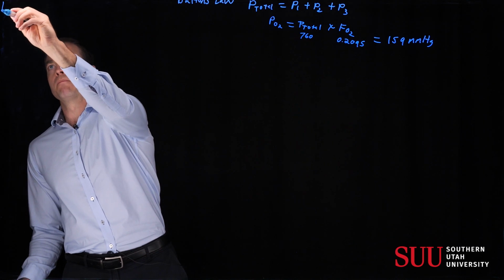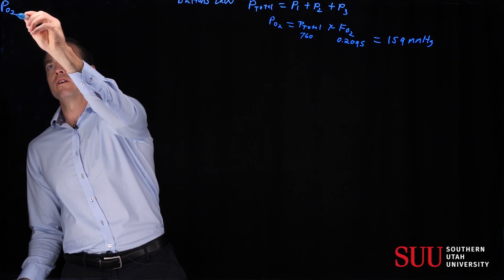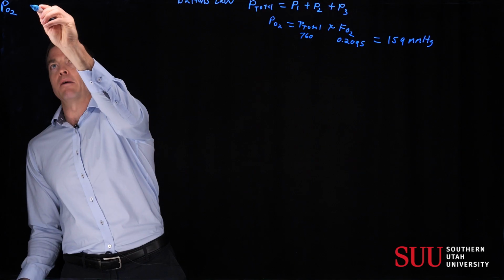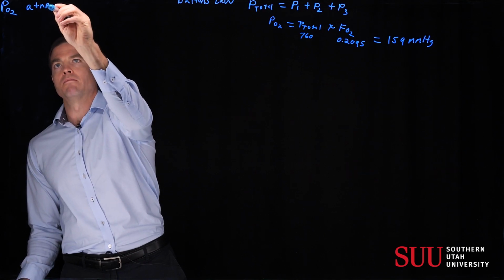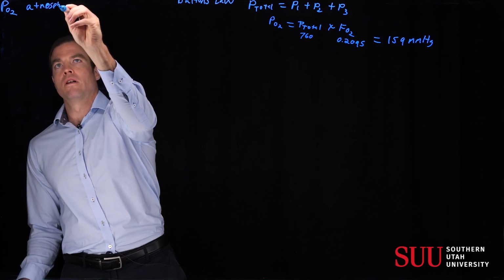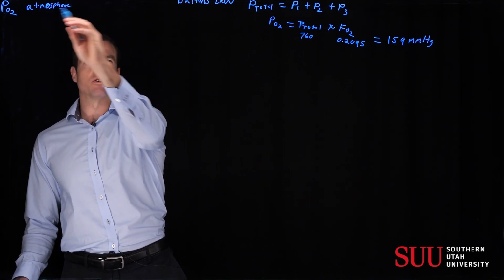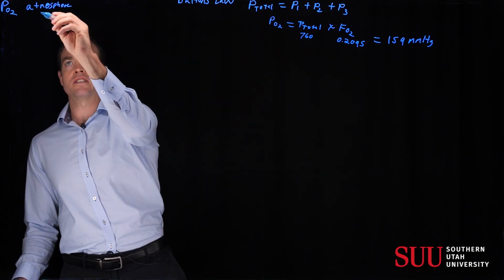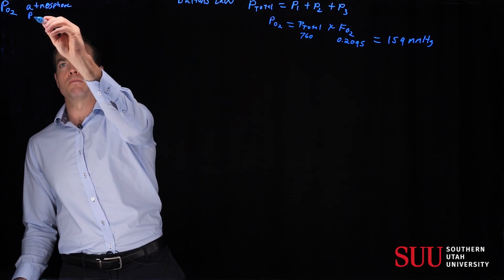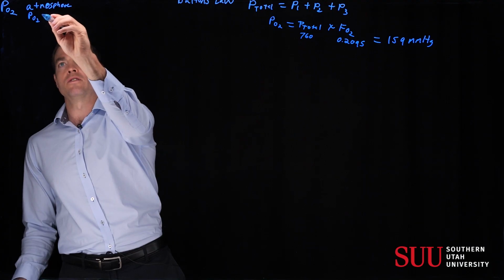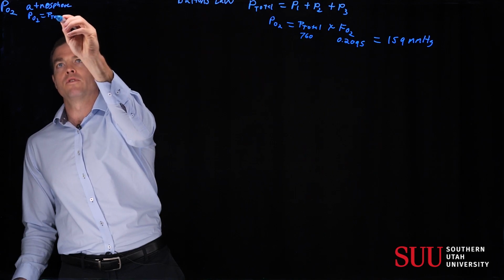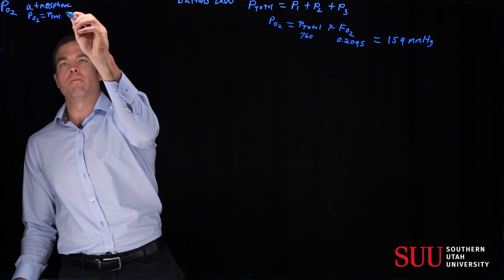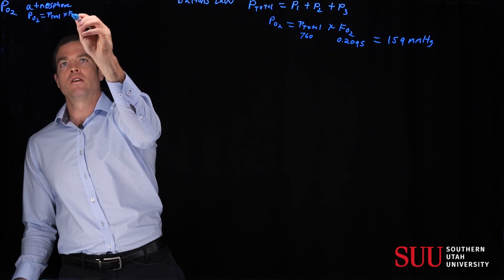All right. So let's start with the beginning. Our PO2, and this is going to be the atmosphere. In order to do that one, we would just follow this equation, which was, for reference, PO2 is equal to the P total times the FO2, right?